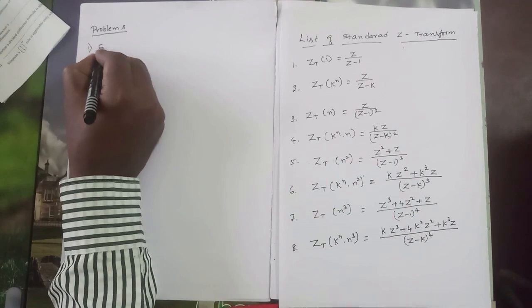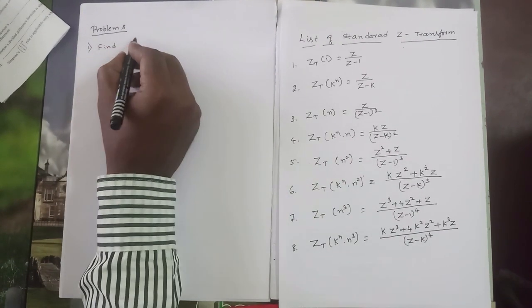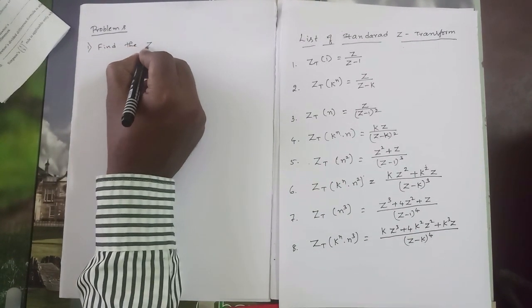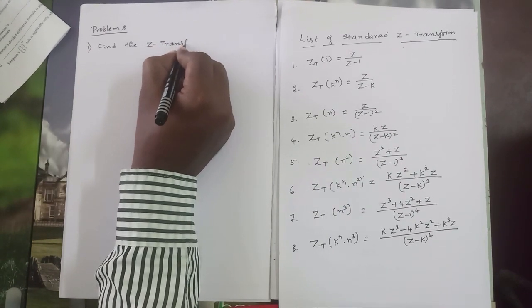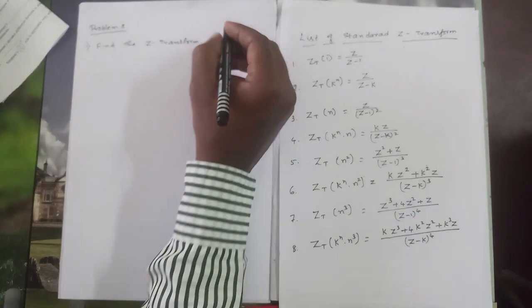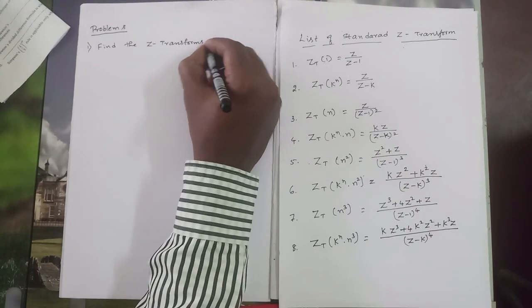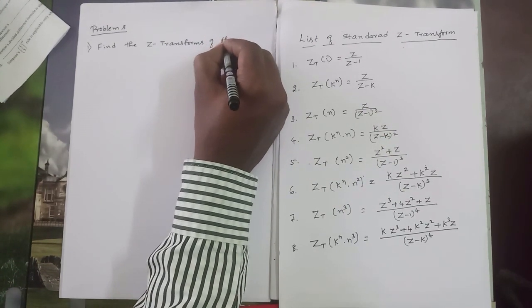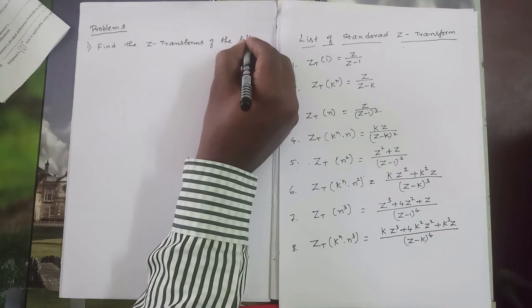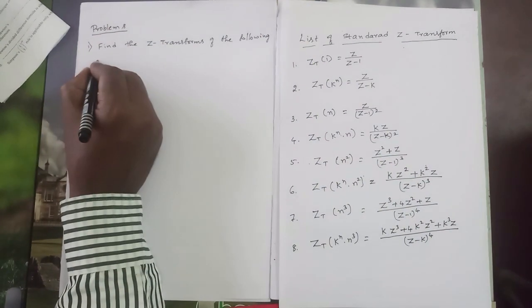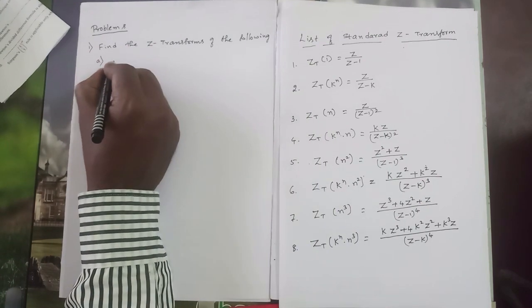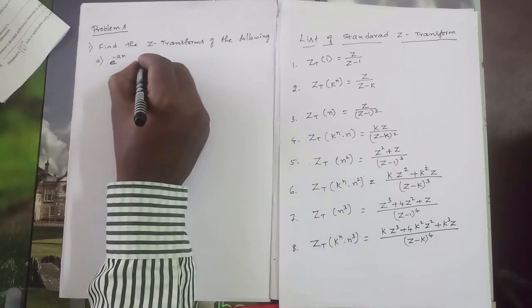First, find the Z transform. Find the Z transforms of the following. First one, e to the power of minus an.